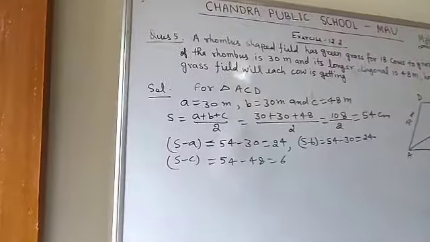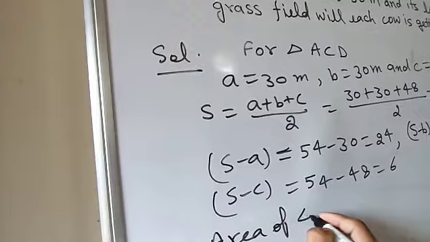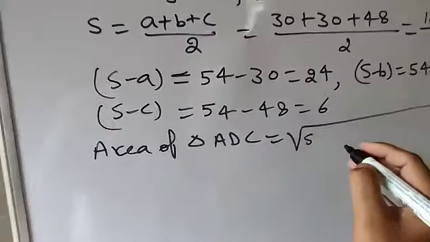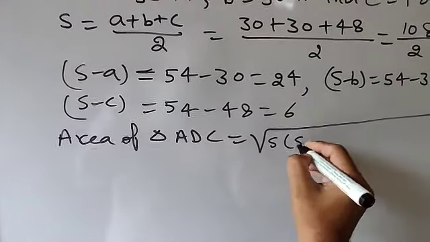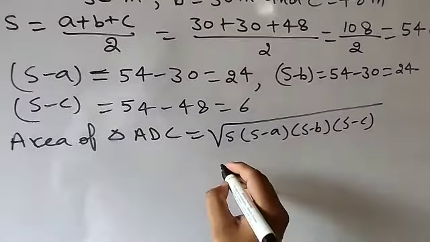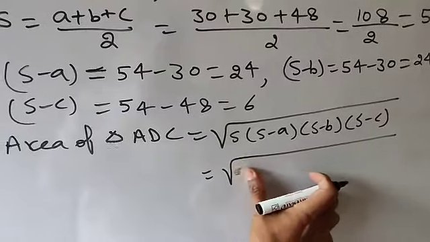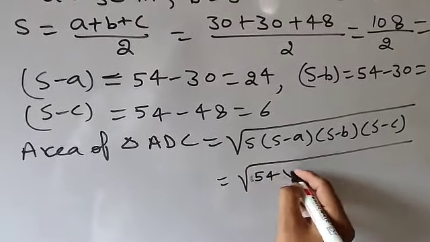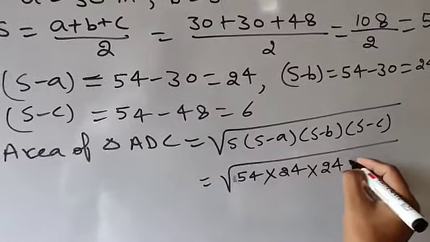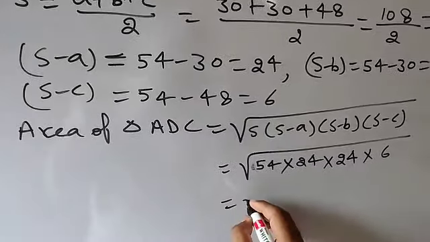Now I am going to find the area of the triangle ADC. So area of triangle ADC is equal to under root s into s minus a into s minus b into s minus c. Here it is equal to under root 54 into 24 into 24 into 6.